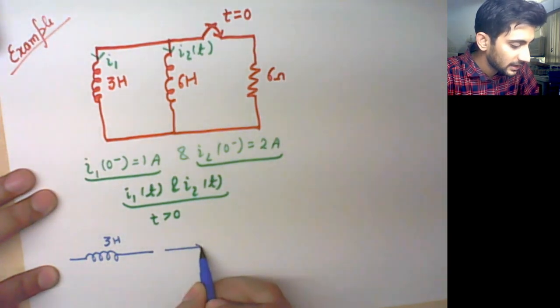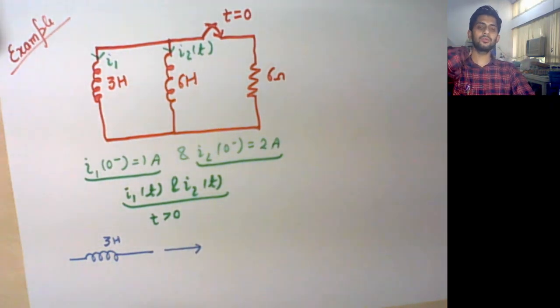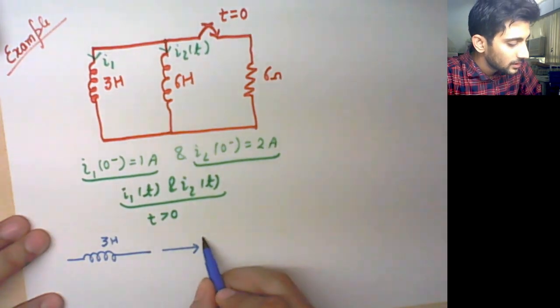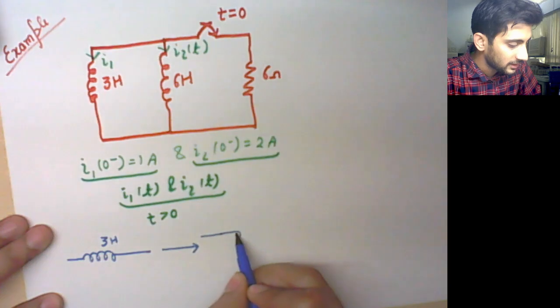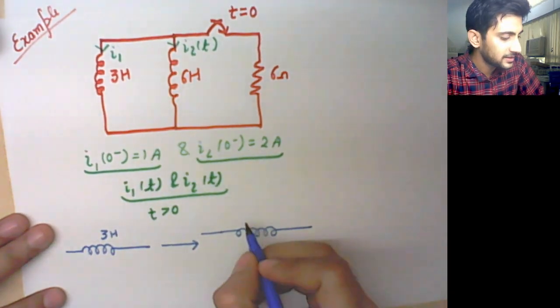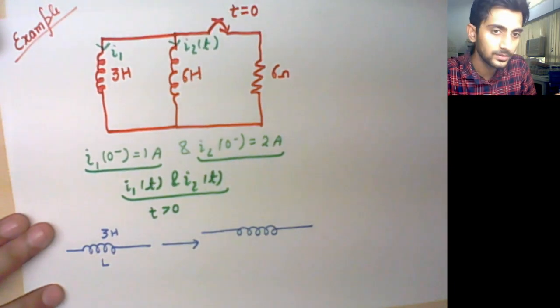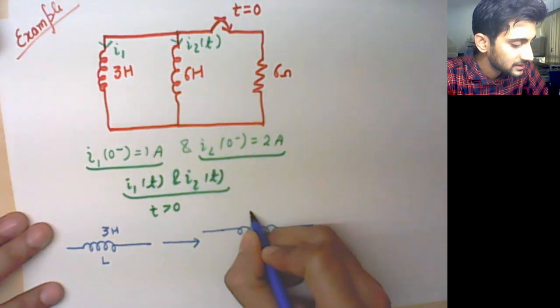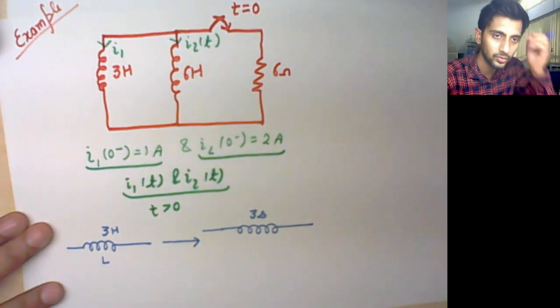this into the S domain, and for doing so, you just need to convert it into this form. You have an inductance. Let's say if its value is L, then the value of this particular thing will be Ls. So I can write that this is going to be 3S in ohms.